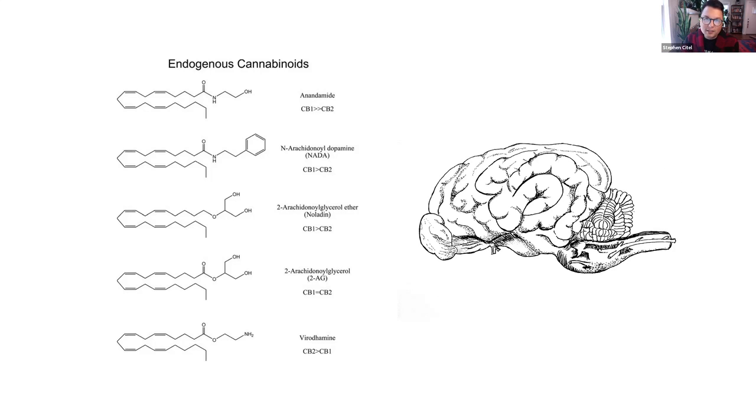As this slide is presenting, it does say that these are the known endogenous cannabinoids. And the reason I have this up here is not necessarily to talk about those, but to really try to expand our mind past the THC and CBD conversation. So we have 5 known endocannabinoids to us right now.